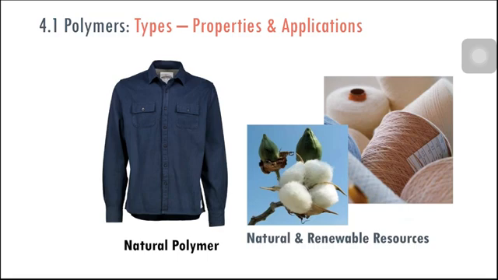For example, the proteins found in humans and animals. Other examples are cellulose and starch, for example the cotton. Cellulose and starch can be found in plants. Another example is rubber, which can be harvested from the latex of a tropical plant.